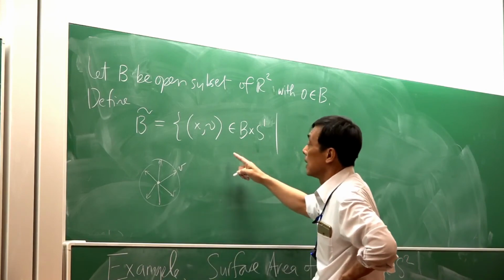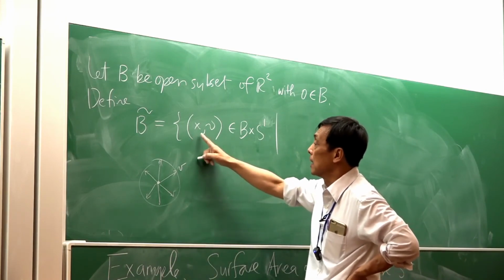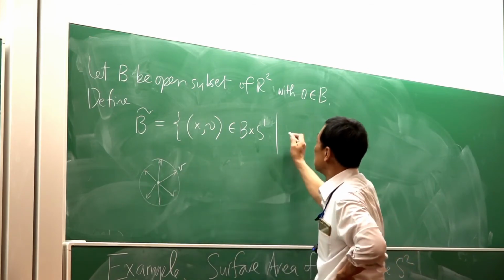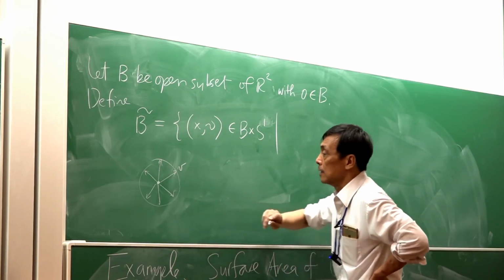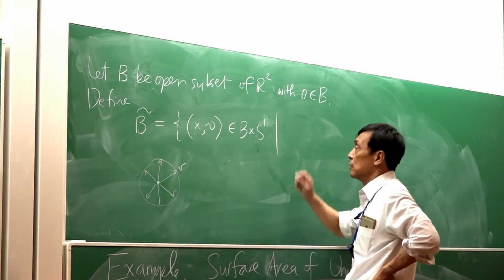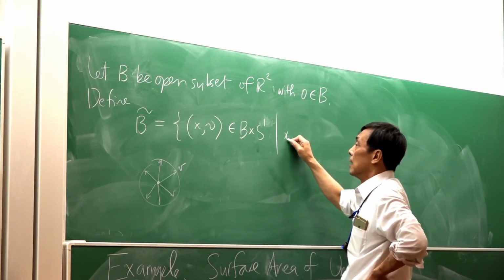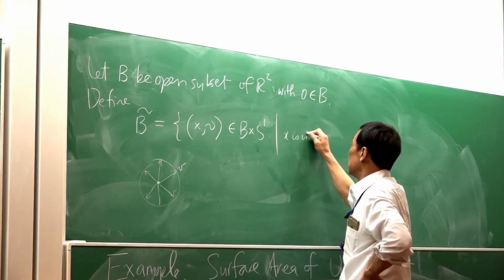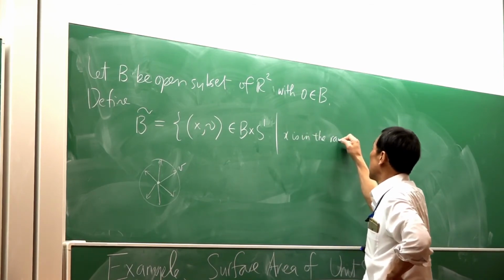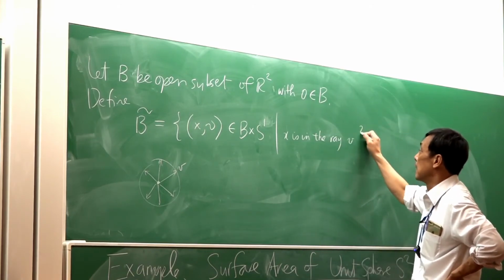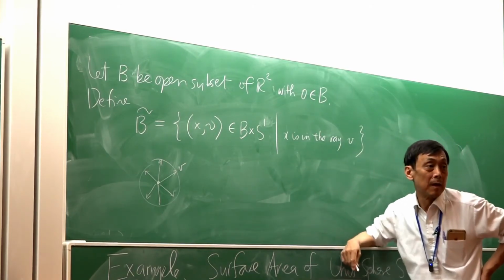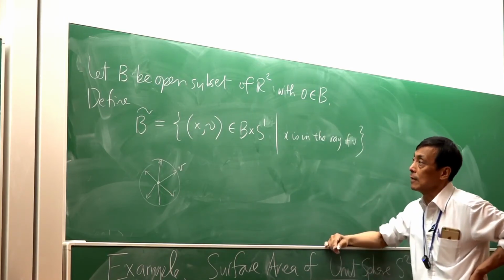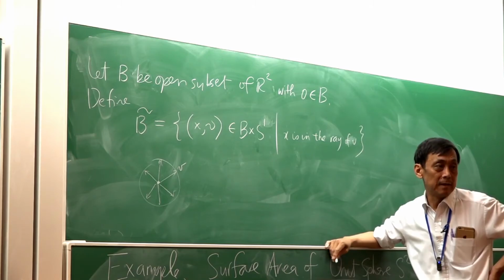And I basically look at all the vectors along that direction. So x is in the ray of v. So look at that set.